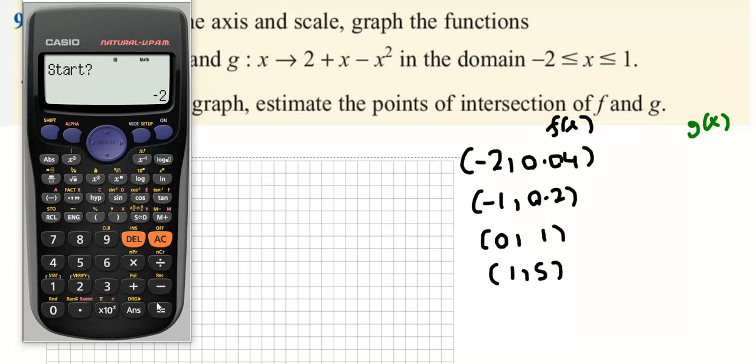Then you start at minus 2, you end at 1, and you have a step of 1. Okay, so we have the following points: -2, -4, -1, 0, 0, 2, and 1, 2.